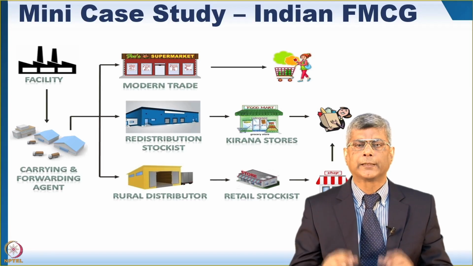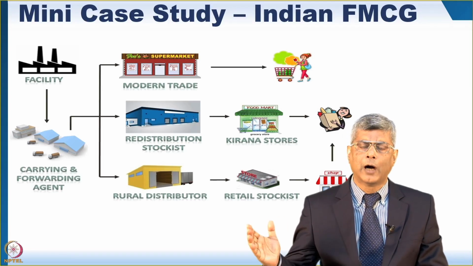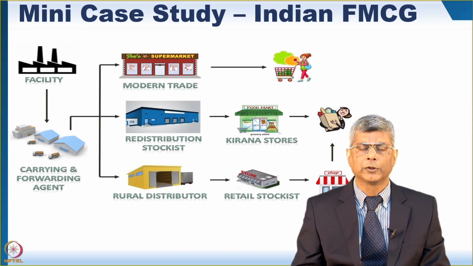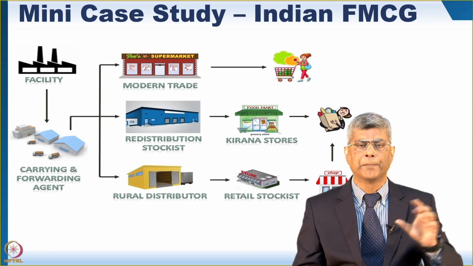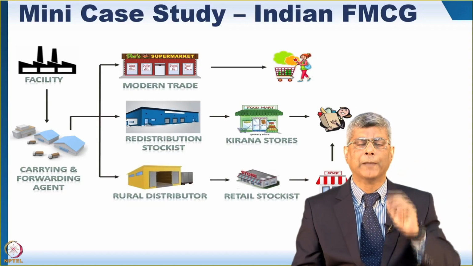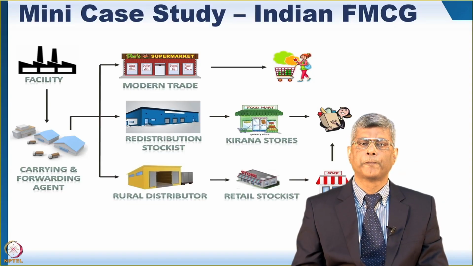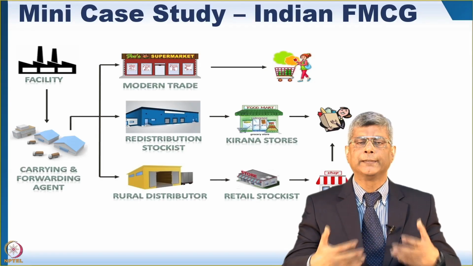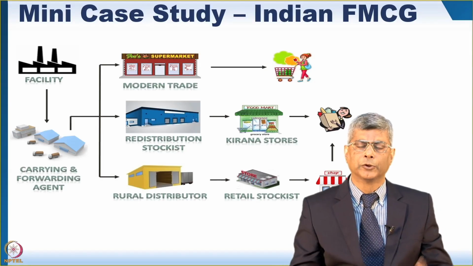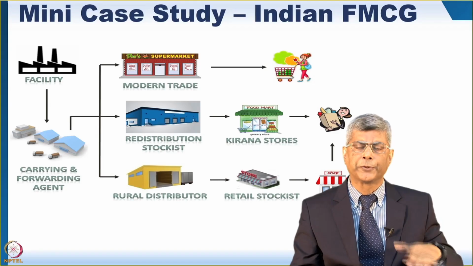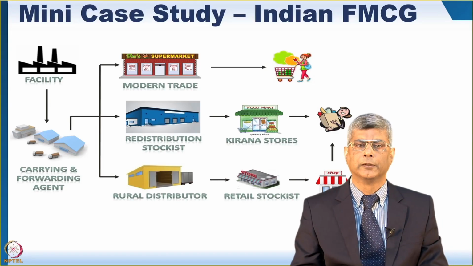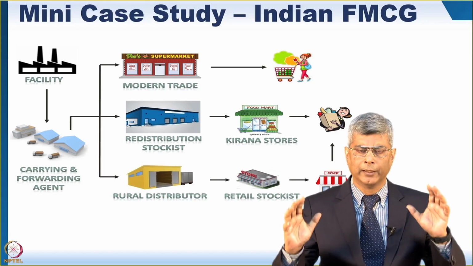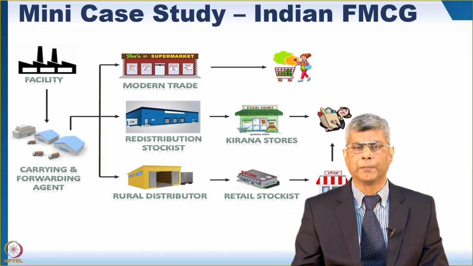Let's look at a case study of what outbound logistics looks like. We talked about manufacturing in a plant. So on the top left, you will see the manufacturing plant. But the manufacturing plant is producing thousands and millions of pieces every day. You cannot store it. So as soon as it's produced, it will go out in trucks or ships or aeroplanes into what are called carrying and forwarding agents, which are basically warehouses run by the company.